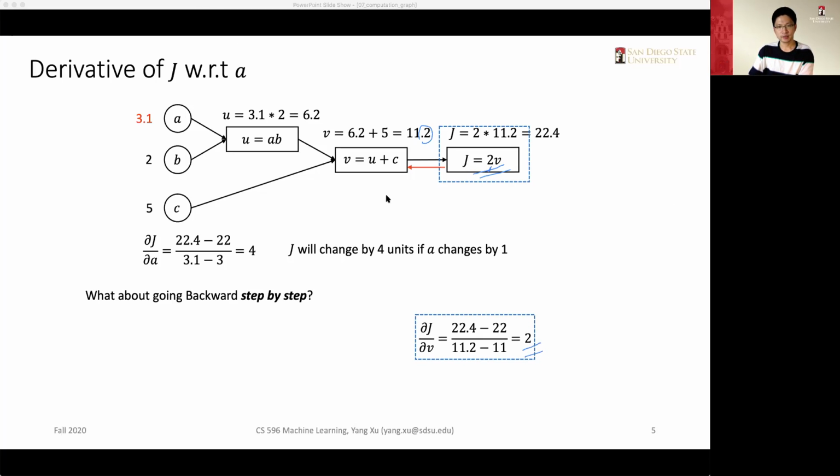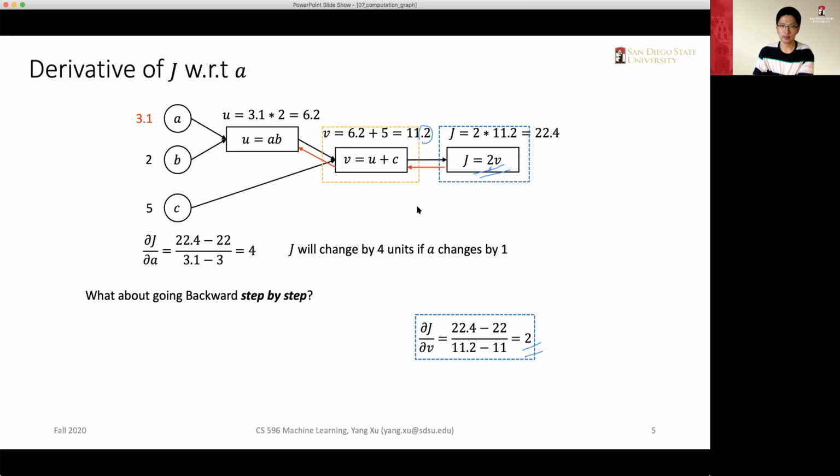And next, we take one more step back, and we want to know the derivative of v with respect to u. That derivative tells us how much v will change if u changes by one unit, right?